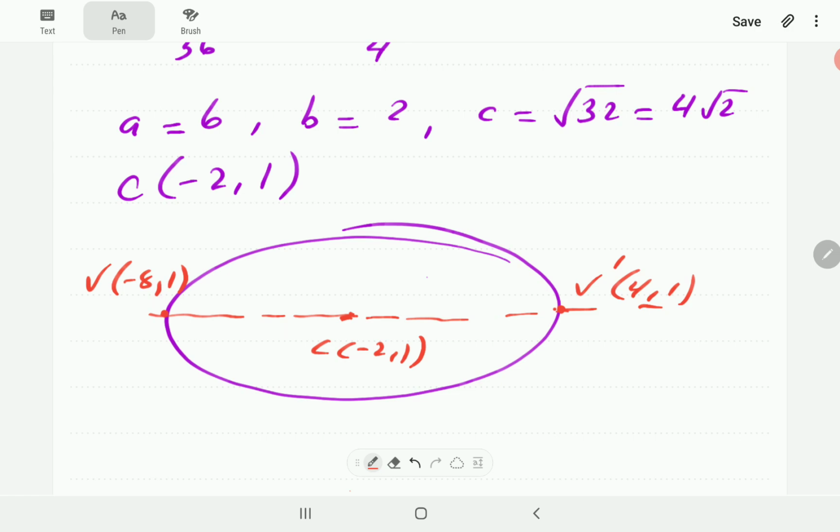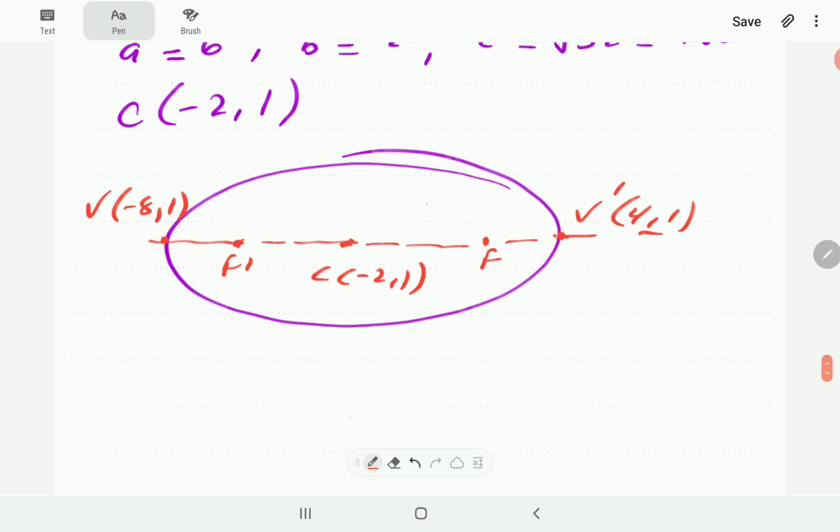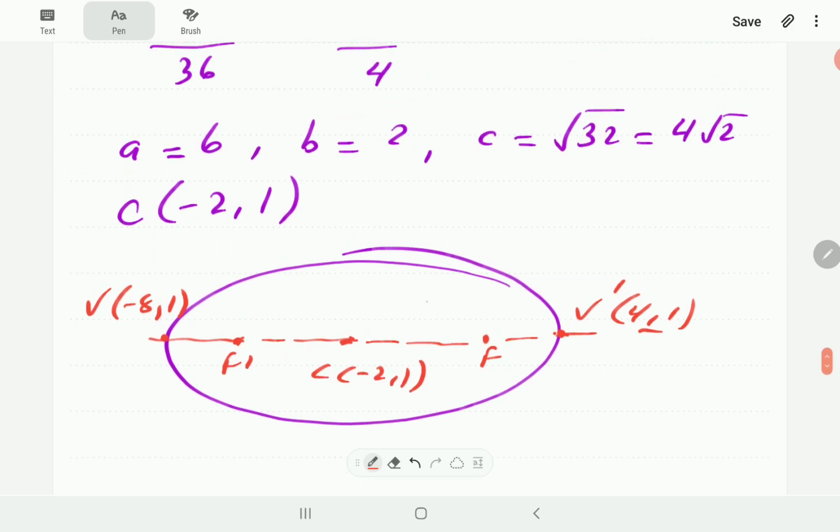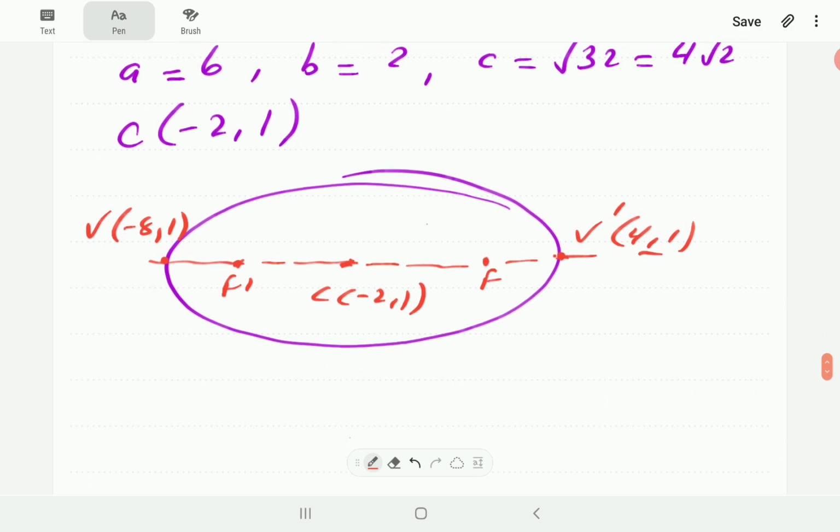Then the foci are distance c from the center, so that's going to be affecting the x coordinate. So let's just say the foci will be minus 2 plus or minus 4 root 2 to the x coordinate, comma 1.